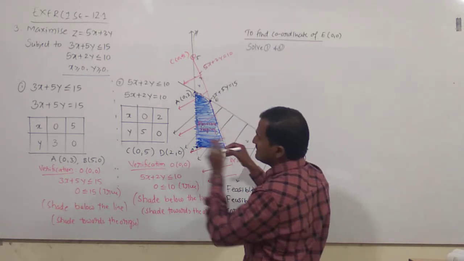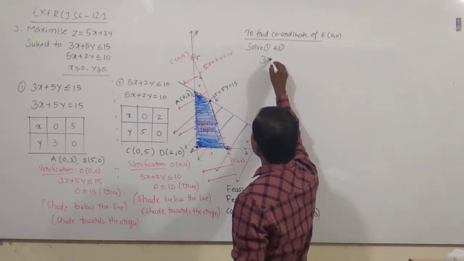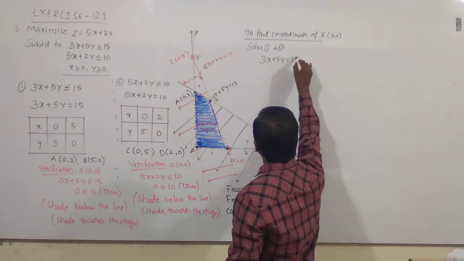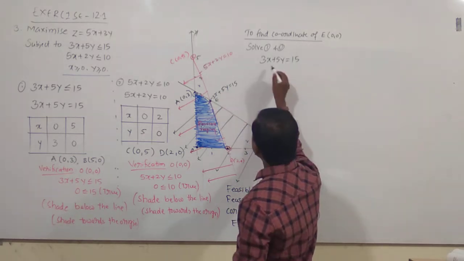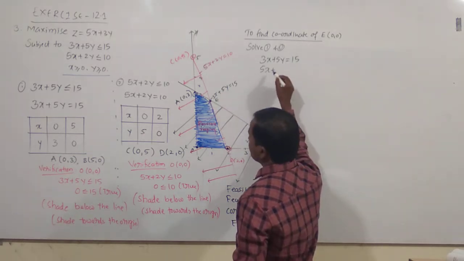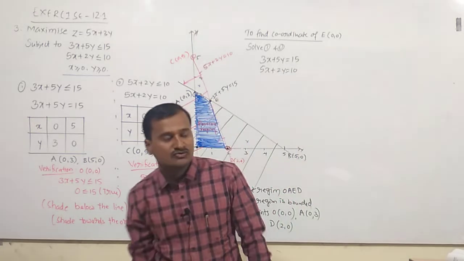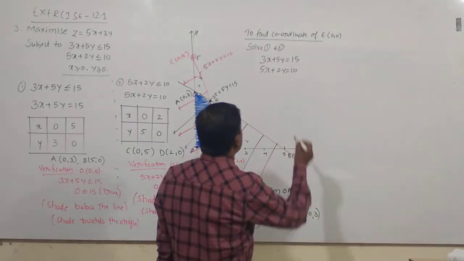So 1 and 2 means 3x plus 5y is equal to 15. One more is 5x plus 2y is equal to 10. You already know how to solve the system of linear equations.